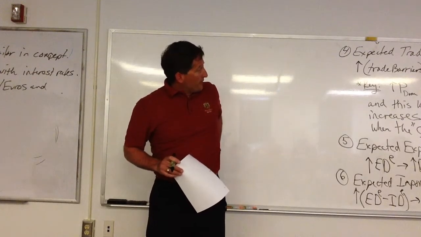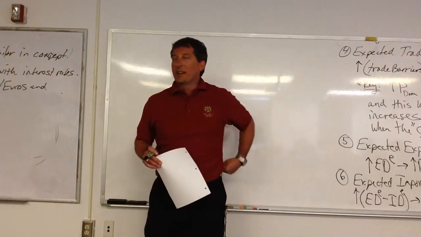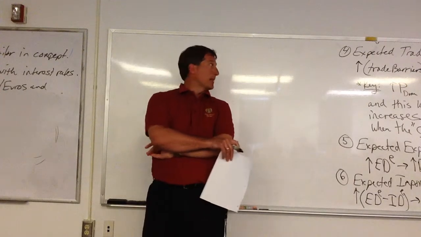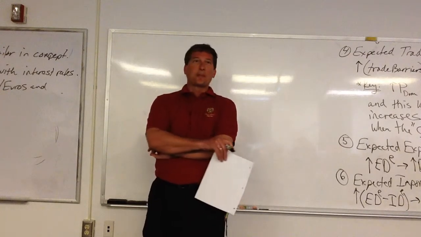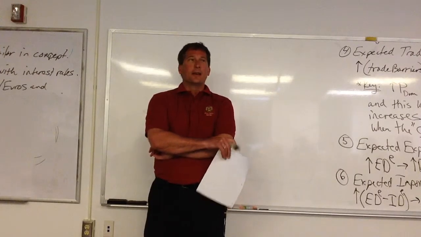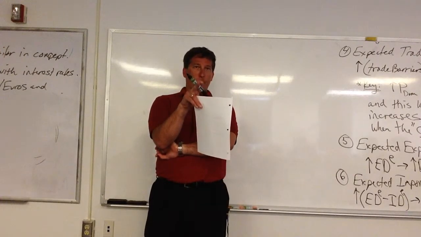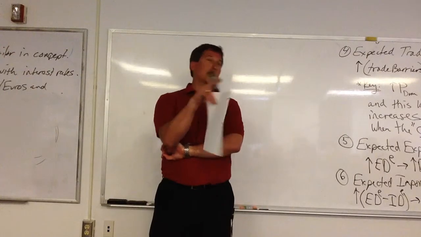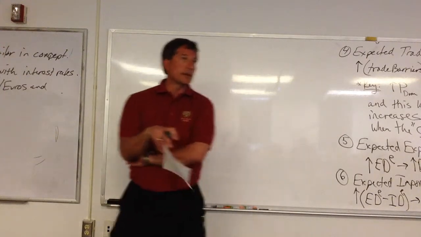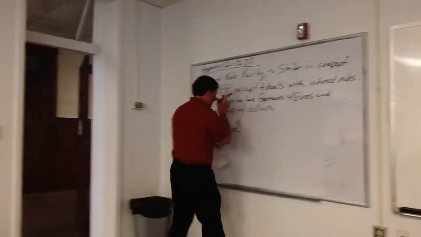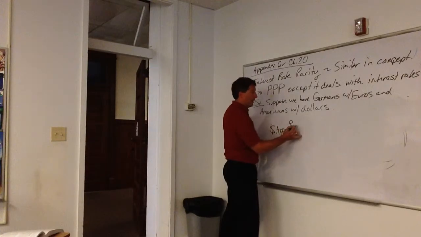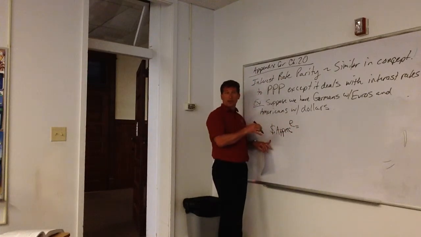I'll give you a hint. We had a very similar formula on the board within the last 20 minutes, but I think I erased it. Fisher formula. Nope. Good. New minus the old divided by the old, yes. So that's just our rate of change formula. And in this case, the price is the price of the currency.